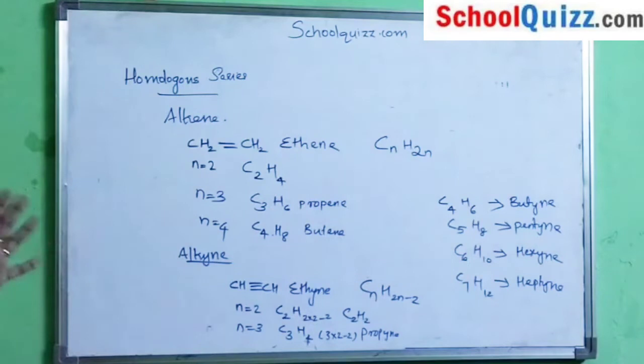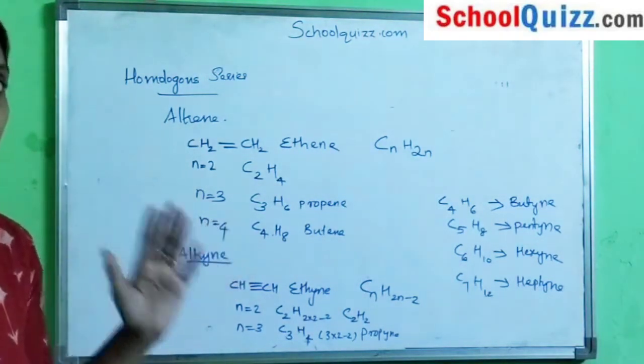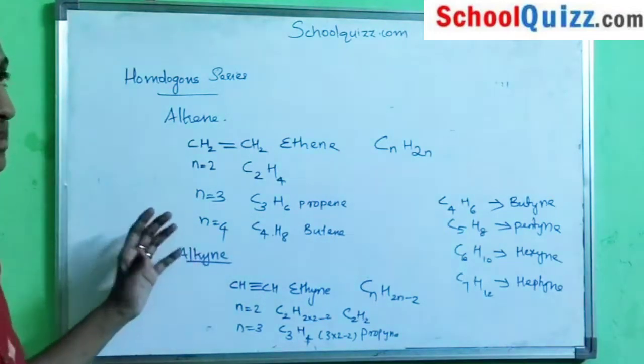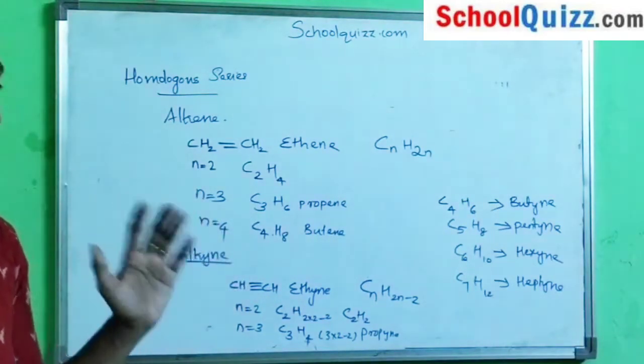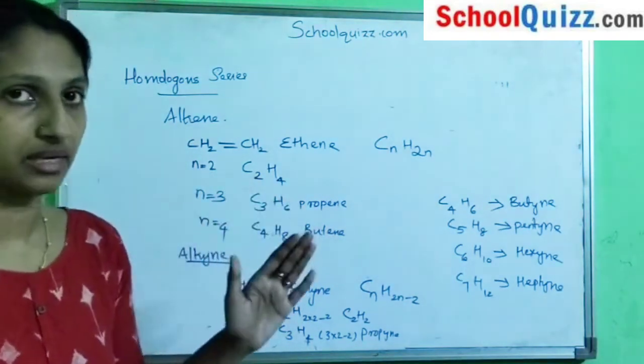And these all come under one category because they all differ by a CH2 unit. So they all come under a single homologous series. I hope you are clear with this homologous series.